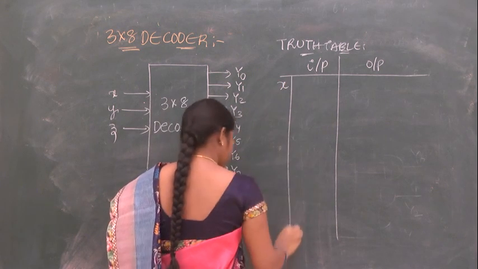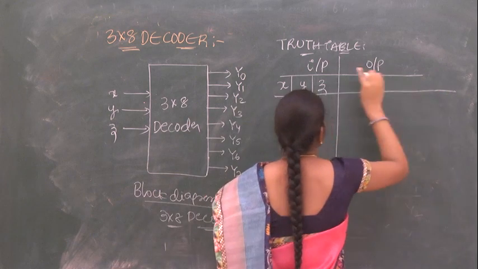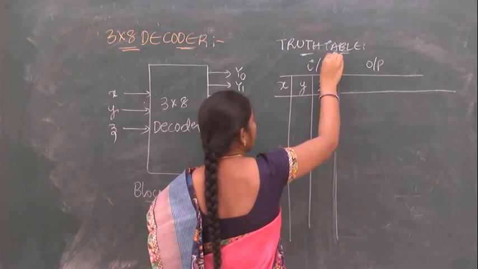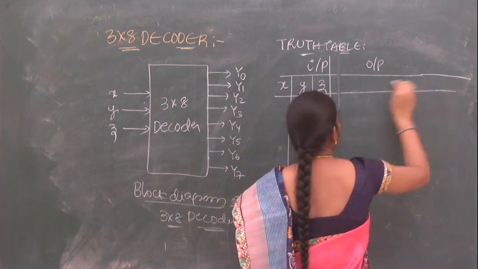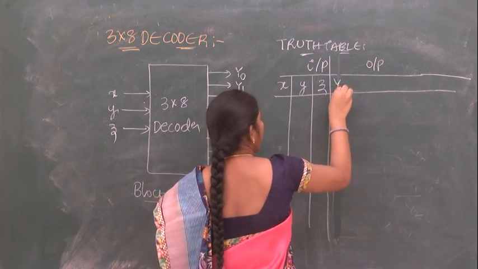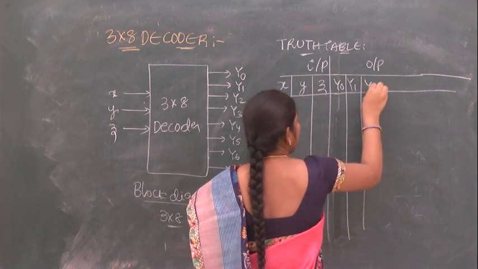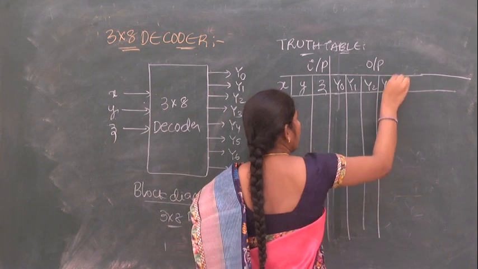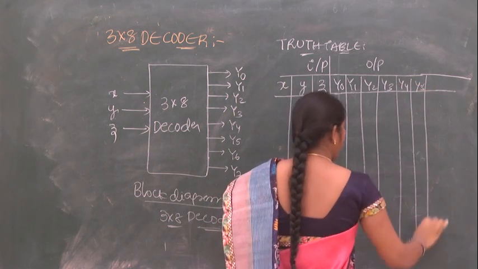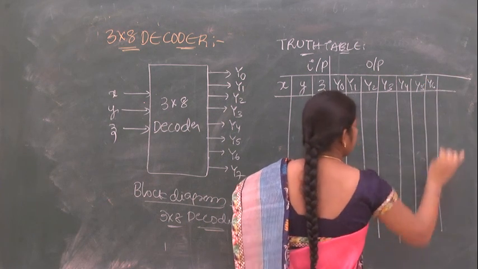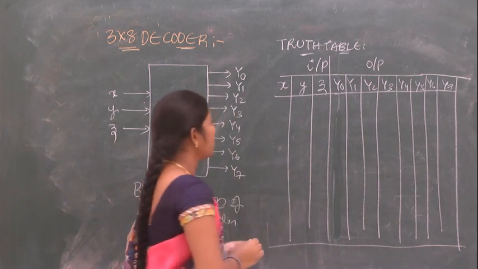Here the inputs are X, Y and Z, and the outputs are Y0, Y1, Y2, Y3, Y4, Y5, Y6, Y7.